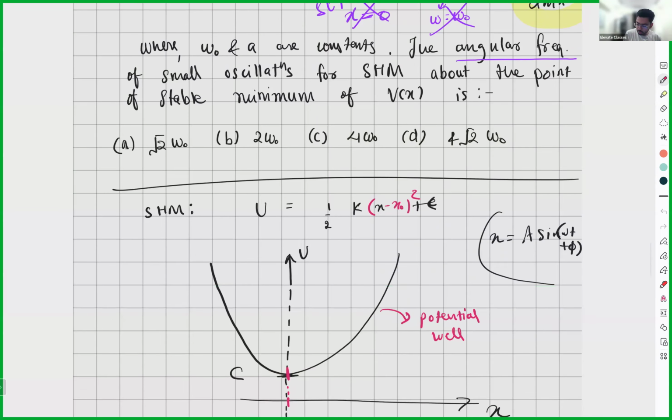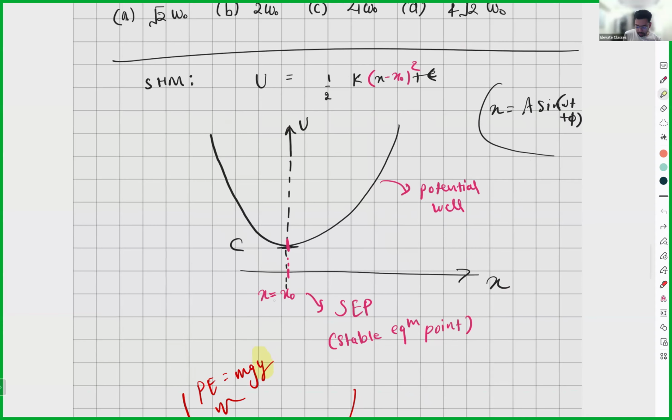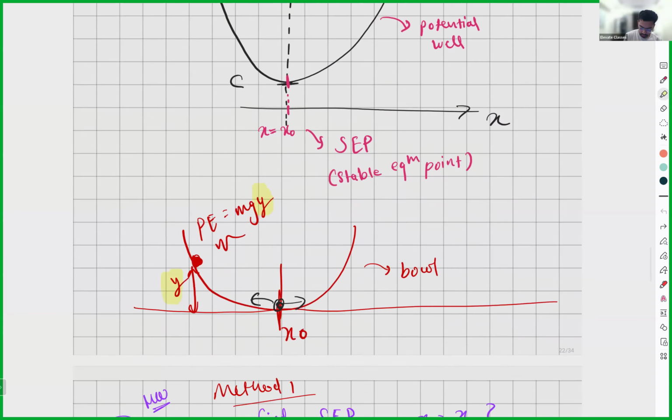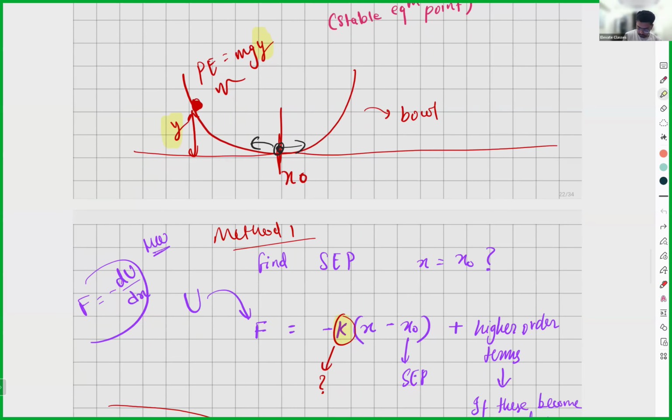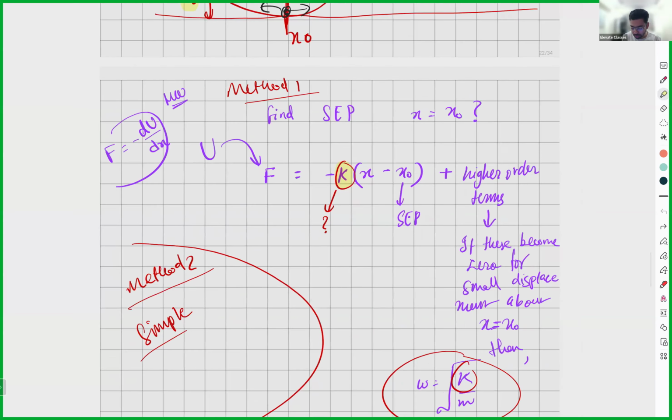So I have to try to express it in this term. So the stable equilibrium point is somewhere random. So this is method one.